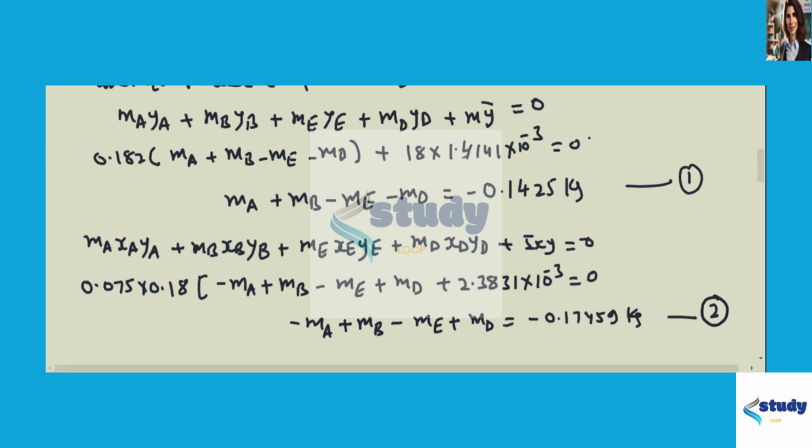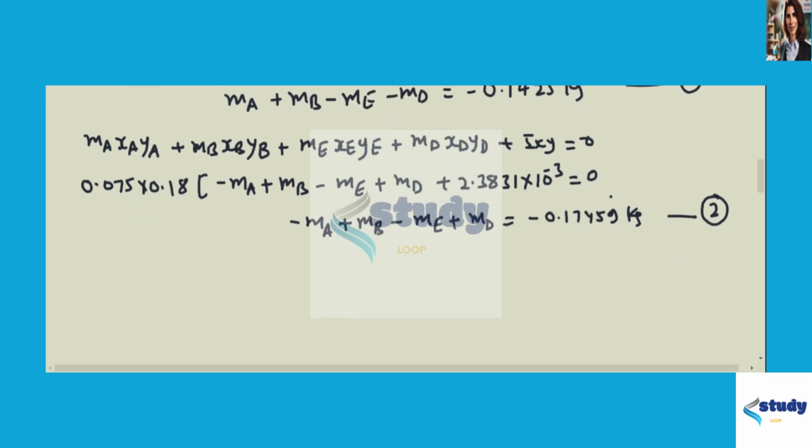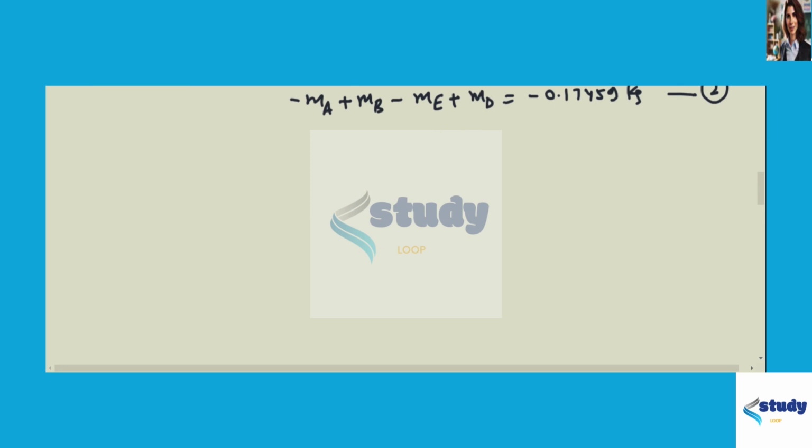To solve equations 1 and 2, set MB to be 0. Let MAD be MA minus MD.